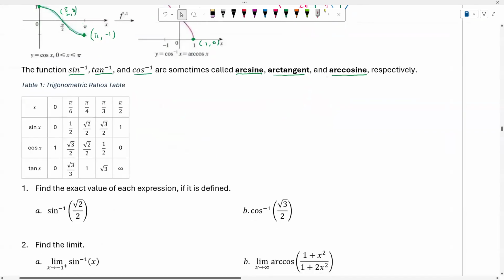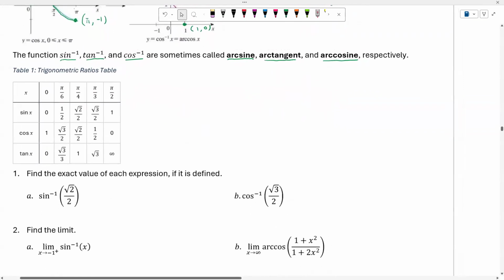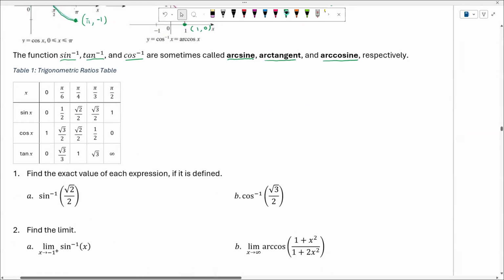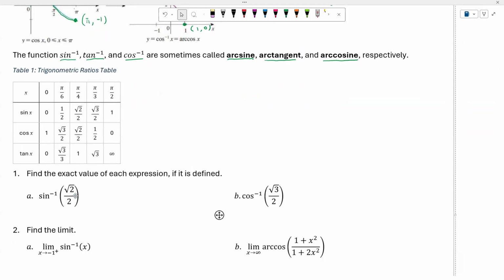And now let's see how we evaluate and get the exact value for the sine inverse of root 2 over 2. When I look at the sine inverse of root 2 over 2, it is equal to the answer, maybe I call this x. So what I would like to know is: sine of what angle is equal to root 2 over 2?